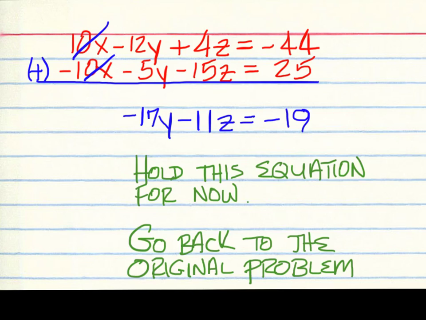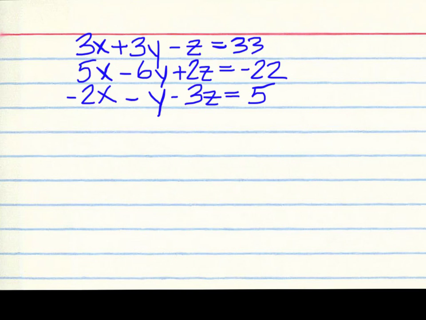All right, so like I said, hold this equation for now, and we're going to go back to the original problem. So there's the original problem, and notice that we used this one and this one to start with to come up with that new equation. We can't use 2 and 3 again here, because we'd get the same result.